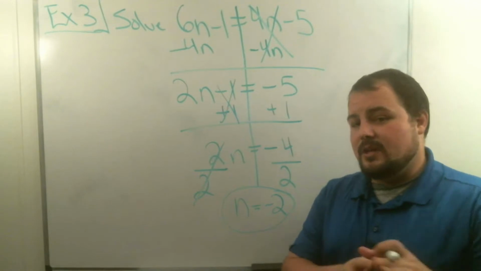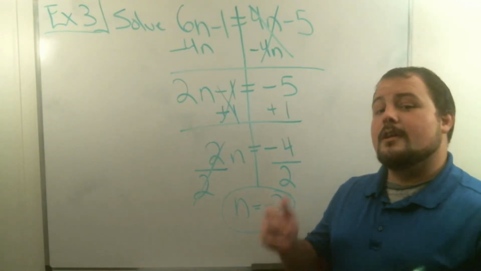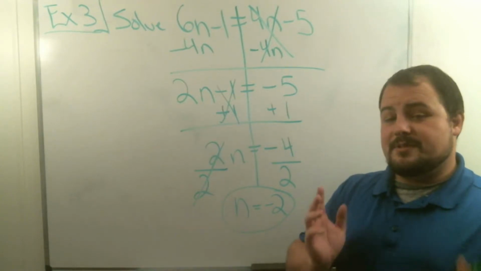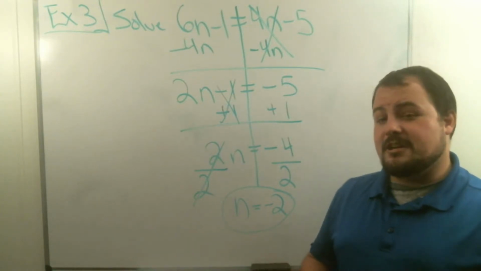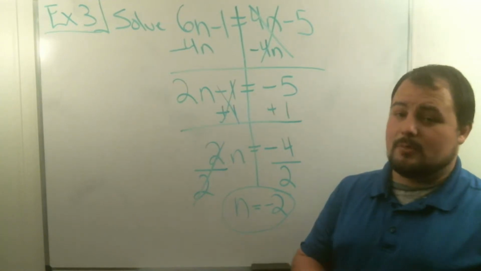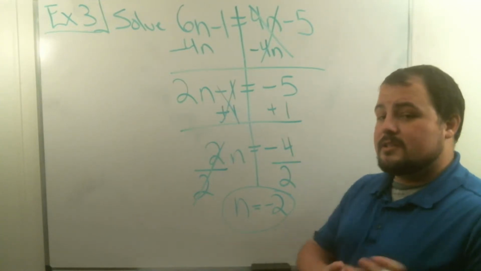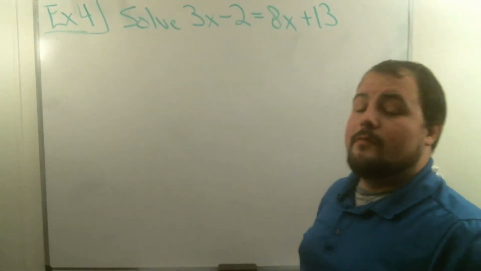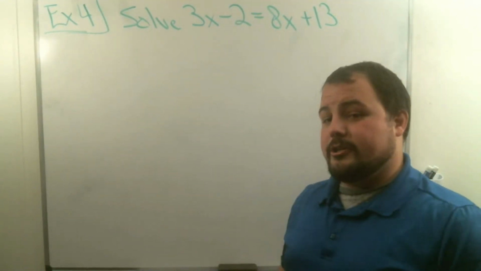On the next example, I'd like you to go ahead and try it on your own. Think about the rules. First rule, get rid of the smaller variable. Second rule, get rid of the number on the same side of the variable. And third rule, get rid of the number with the variable by either multiplying or dividing. So let's take a look at example number 4. In example 4, this is the example I want you to try on your own.